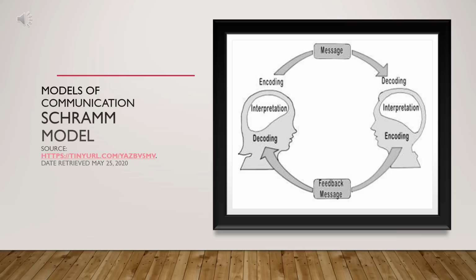What has Schramm added to the Shannon-Weaver model? Is the new model more comprehensive? Yes. Why is it more comprehensive? Because it is different from the linear model of communication. As you can see in the illustration, you have the sender, then encoder, then signal, decoder, receiver.